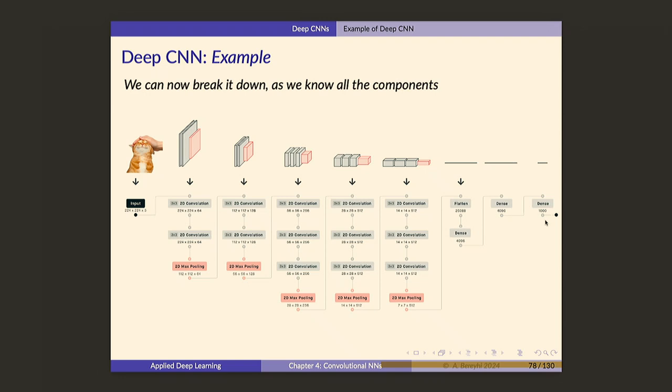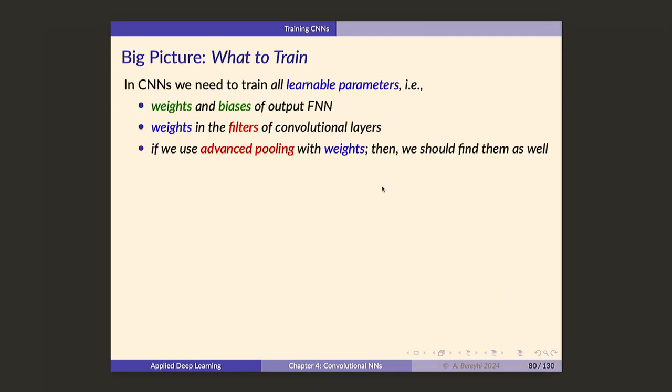So everybody's clear? Machine learning model. In any convolutional network, we have a bunch of convolutional layers, and we also have a feed-forward neural network at the very end, and all of them have weights and biases.